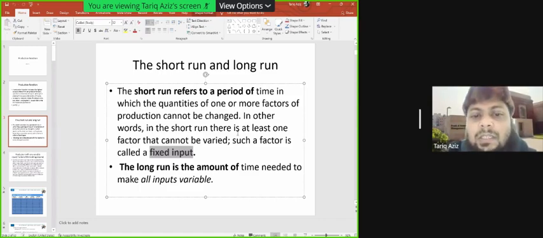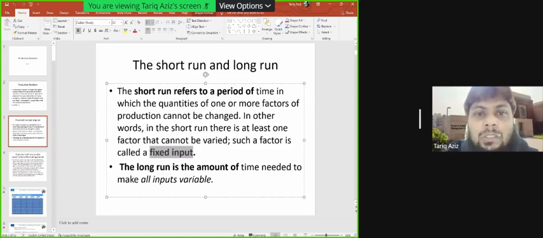And a long run is the amount of time needed to make all inputs variable. So if all inputs can be changed in a particular period of time, that period of time can be termed as long run.